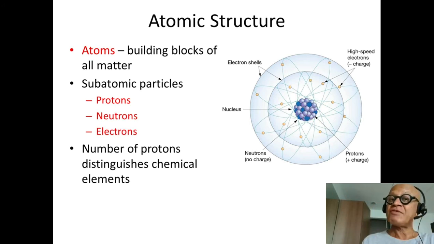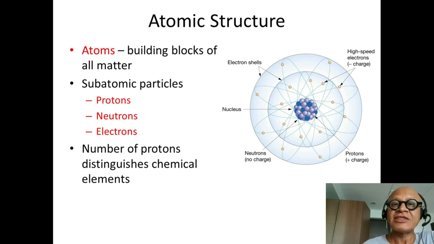Protons, as we know, have a positive charge, and electrons have a negative charge. When you have an equal number of protons and electrons, you have a neutral atom, and the bonds that hold these together are very strong, which is what is used to release energy when you do nuclear fusion or nuclear fission, right?